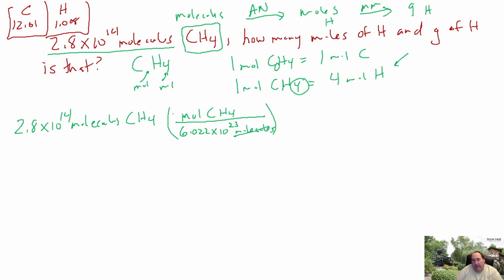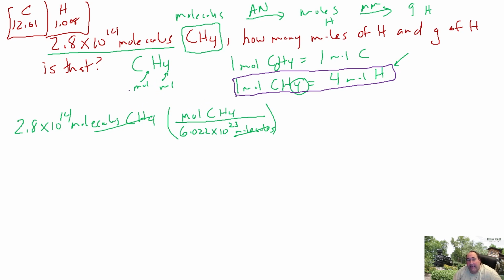And once again, if I stop the calculation right at this point, I am in units of moles of CH4, which is close to where I want to get to, but I do want to now get to hydrogen by itself. So this is where our formula itself and the conversion factor that we can get will come into play.